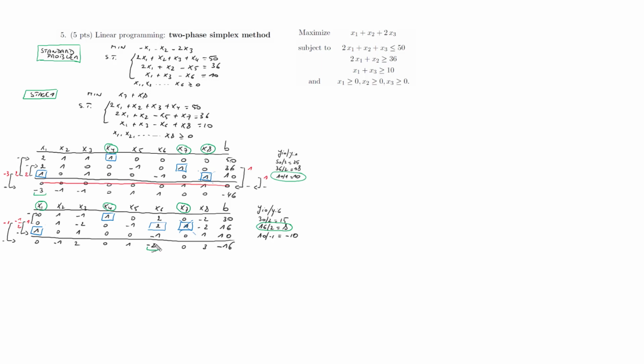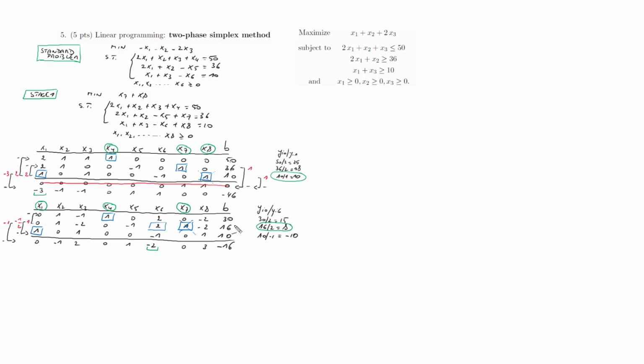And what we have to do now is create zeros above and below the pivot, and this can be done by using these elementary row operations. What we have to do also is to make sure that this pivot becomes a 1.